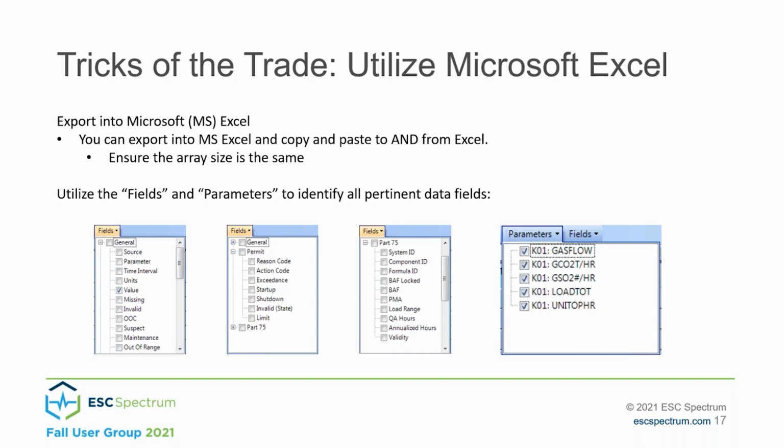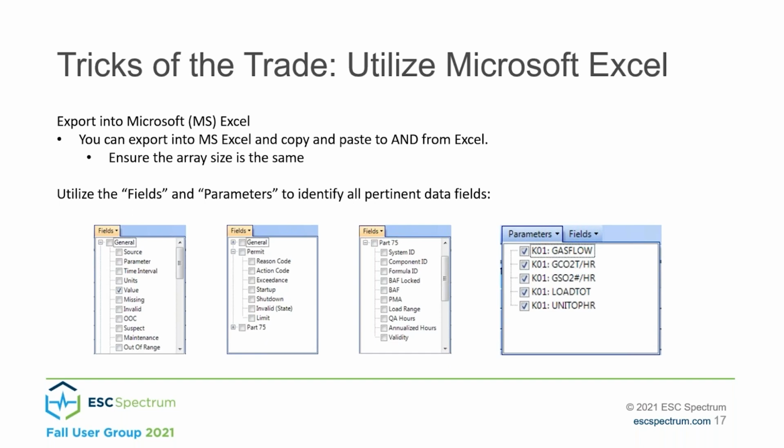So you can see what reason code was put on that data when the alarm came in. And if you're working with Part 75 data, you have specific Part 75 data as well. There's a lot of options here. Just make sure that you're identifying the things that matter to you.